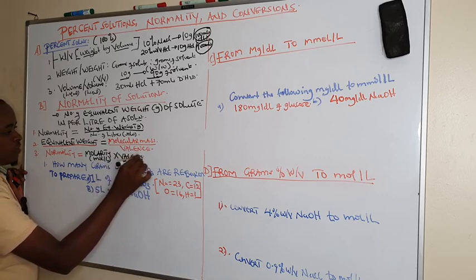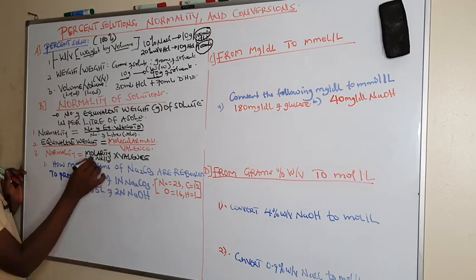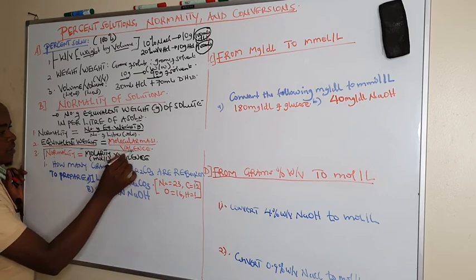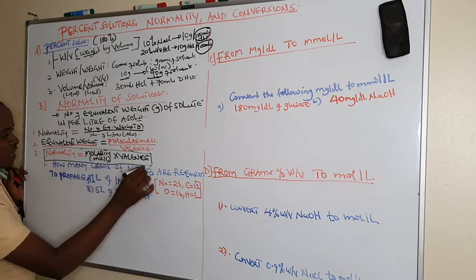So when you use this formula, in case you are given molarity and they want you to convert it to normality, you can easily use this formula, that normality is equal to molarity times valence.